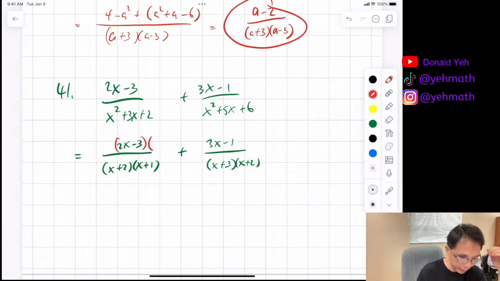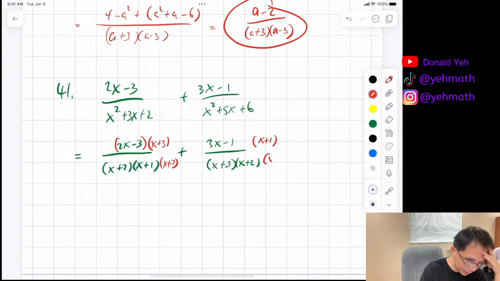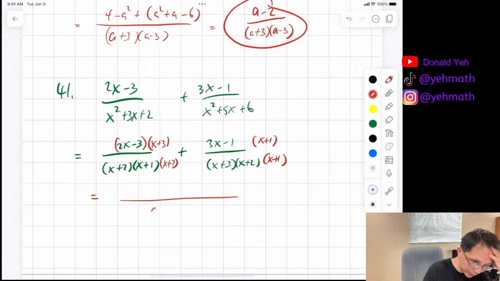All right, so what do I need to multiply on this side? x plus 3, right? And what do I need to multiply this side? And then I'm just going to do LCD here, and I'm just distributing the top. So it's going to be 2x squared, plus 6 minus 3x. I think this is plus 3x minus 9.